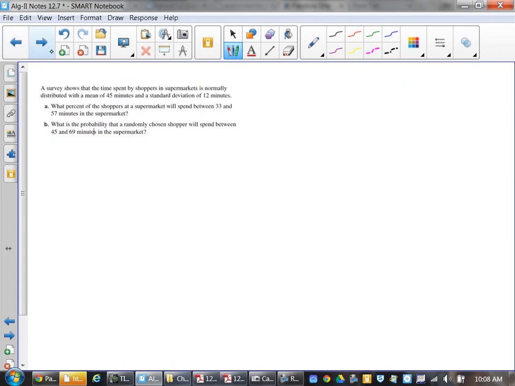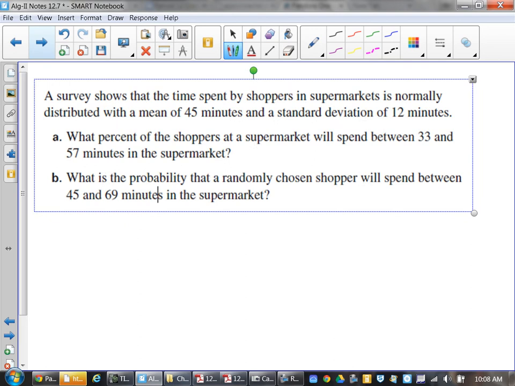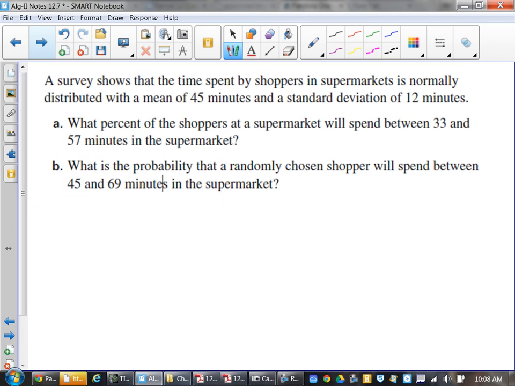All right? So if we start going through some of these ideas, a survey shows that the time spent by shoppers in a supermarket is normally distributed with a mean of 45 and a standard deviation of 12. So that tells you that your average is 45.